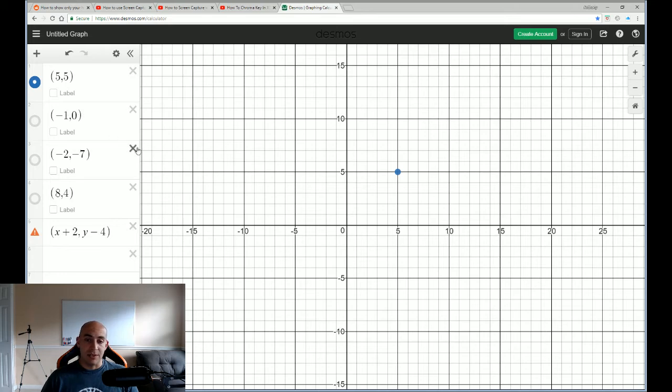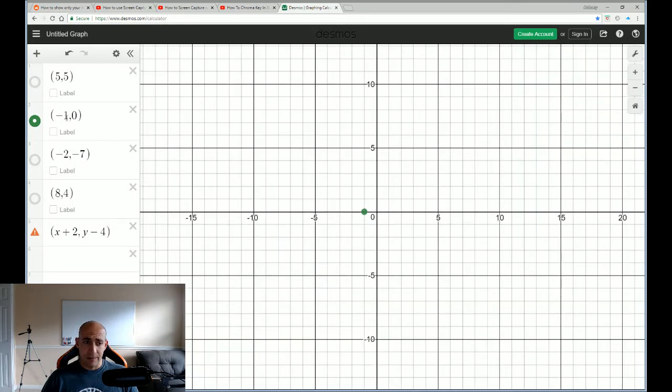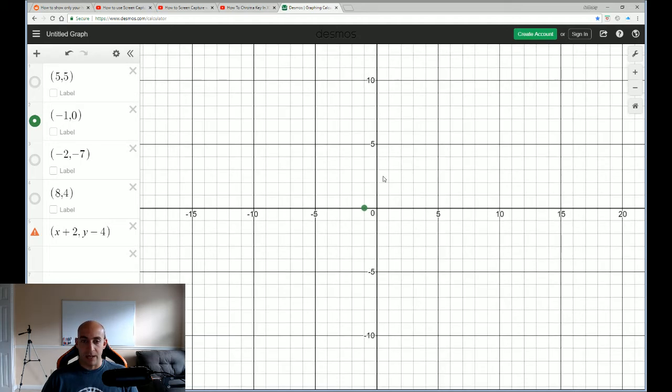Next is negative 1, comma 0. The x value of negative 1 means I go to the left one, and 0 means I don't go up or down. That is somewhat tricky, and I hope you have a good enough understanding that whenever you see a 0, it just means you don't go anywhere on that axis. In this case, because it's y, I'm going up or down 0.